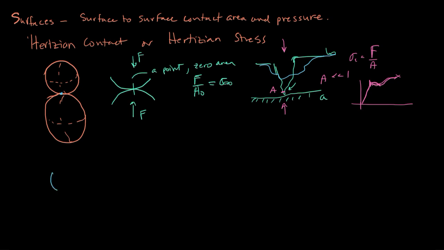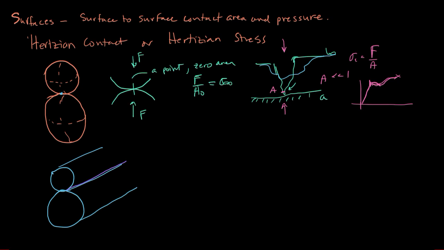And if you have the contact between two cylinders, you would have a line of contact. So your line of contact for two cylinders would be here, and if you have two perfect spheres, then you would have point contact.